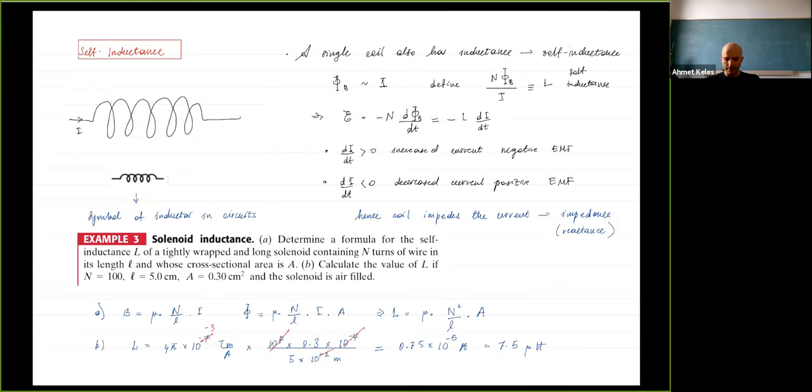And if the dI/dt is bigger, that means current is increasing with time, then the induced EMF by Lenz's rule is going to be negative. And if the dI/dt is negative, again by Lenz's rule, induced EMF is going to be positive. That's why we call it some kind of reactance or impedance sometimes. And this is the circuit element we use for this.